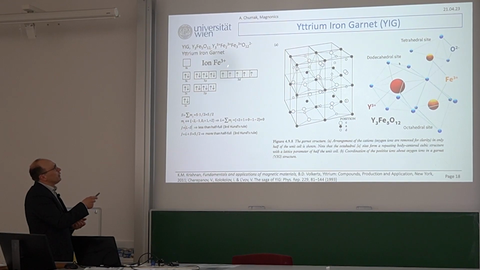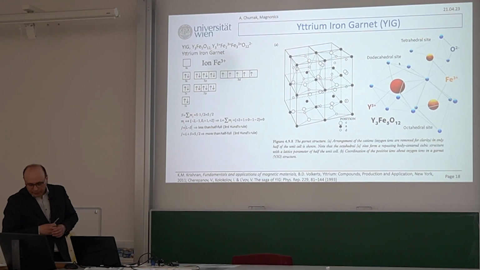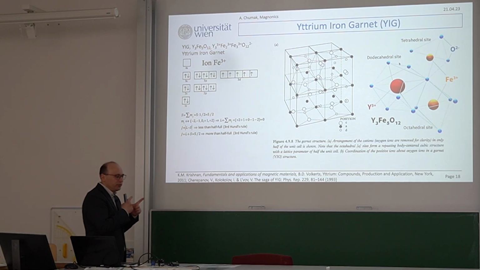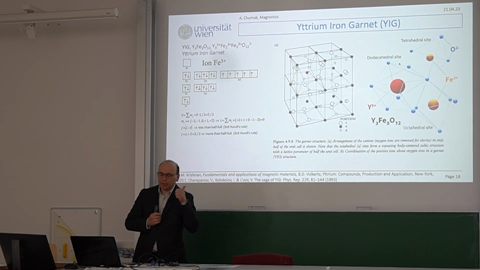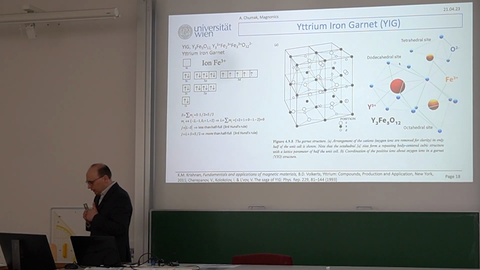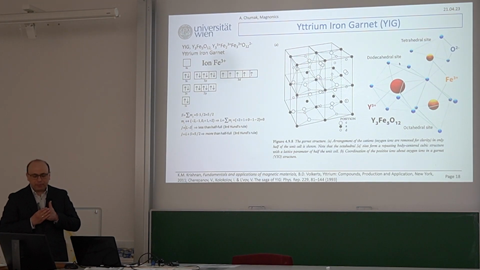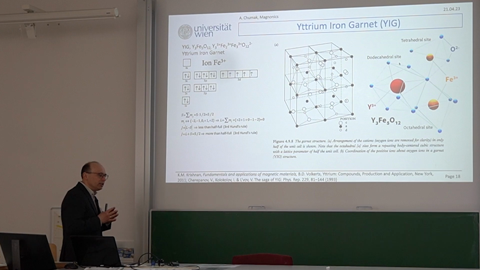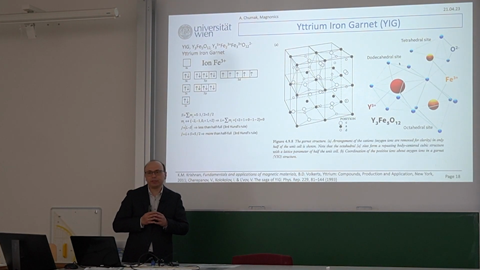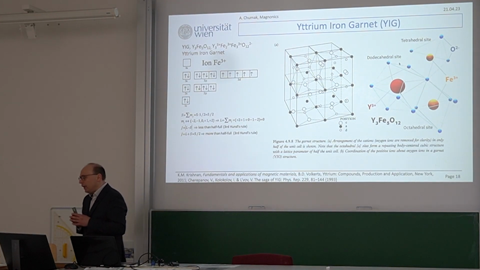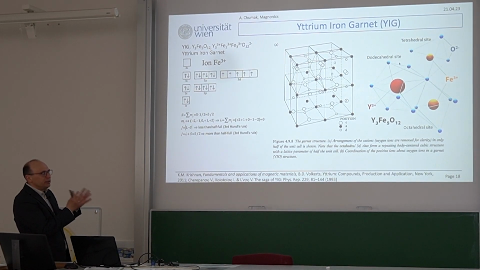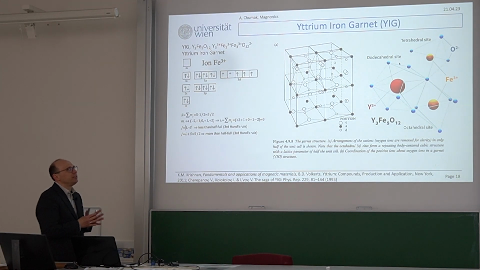So now coming back to the question of damping, why it's small. As Rostislav said, there are two physical mechanisms. First of all, in metallic magnets, spin wave damping is usually 100 times higher, simply because there are free electrons. So there are damping mechanisms associated with free electrons, and in YIG there is a big energy gap. So this is a very good insulator.